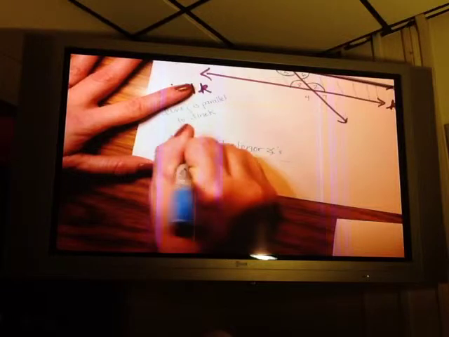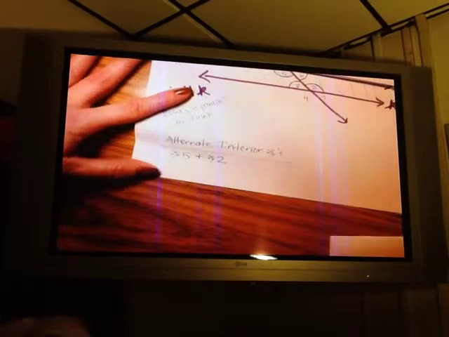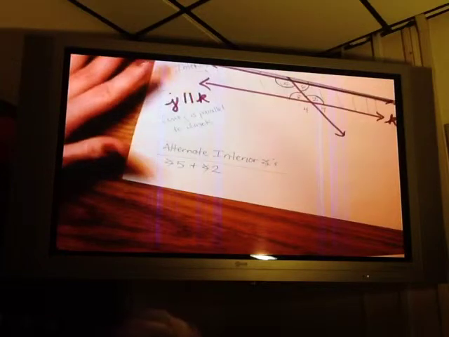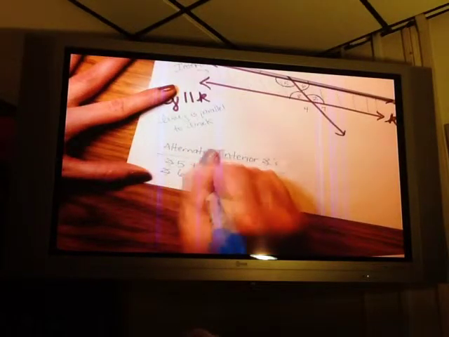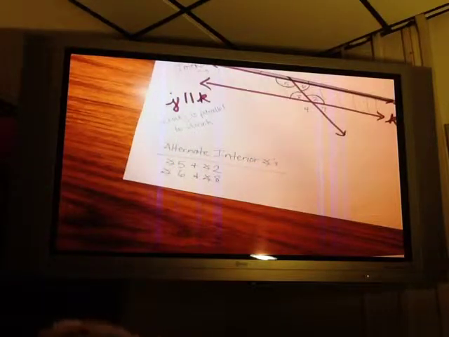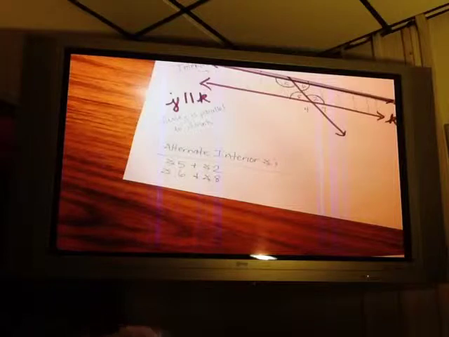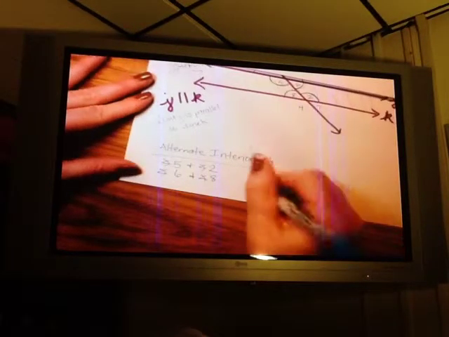Angle 5 and angle 2. The other one was angle 6 with angle 8. They are called alternate interior angles and they are equal. They're congruent, the same measurement.